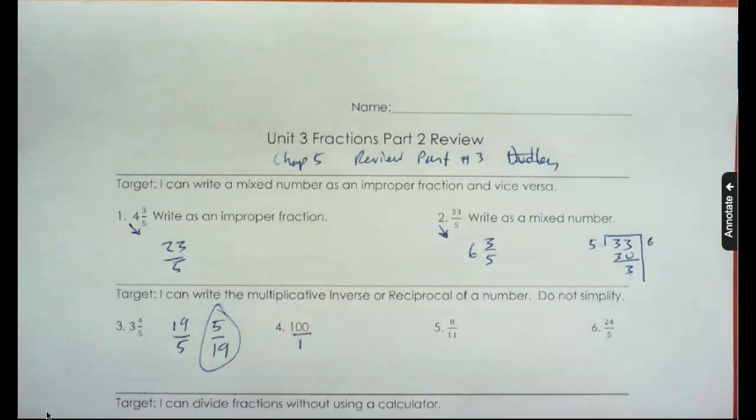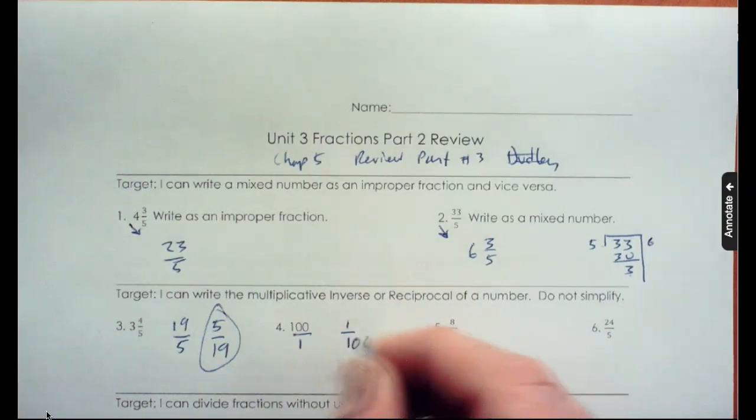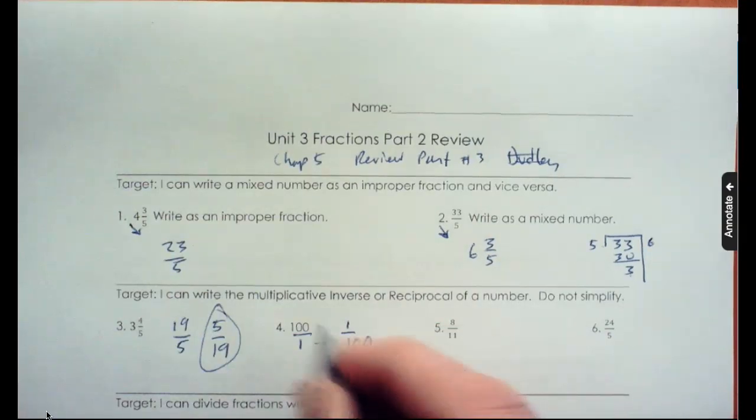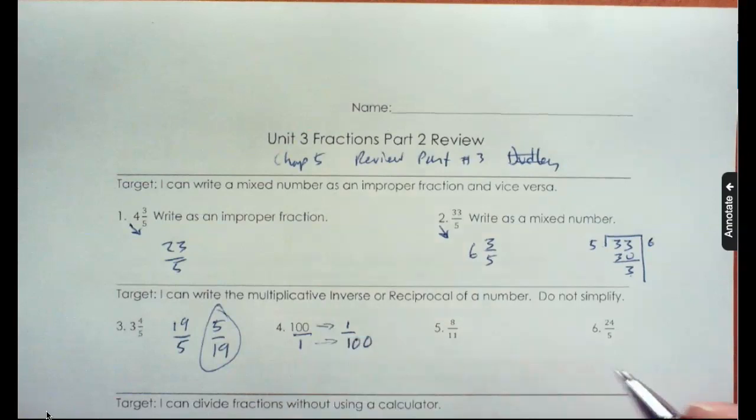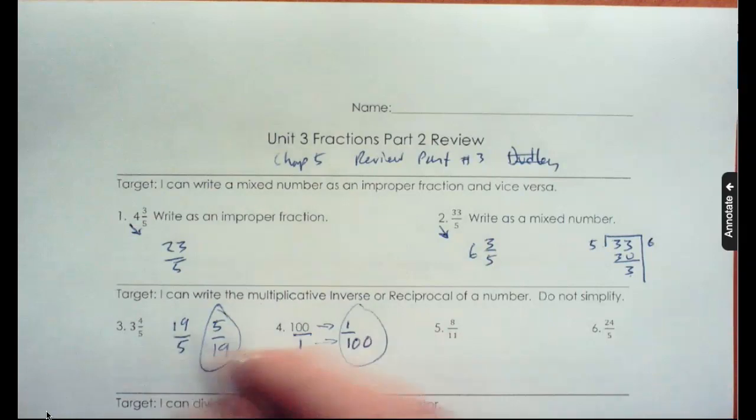100, we make it into a fraction by putting a 1 under it, so the reciprocal is 1 over 100. And again, look, you could multiply these across and you get 100 divided by 100. If you multiply across here, you get, let's see, 5 times 19.